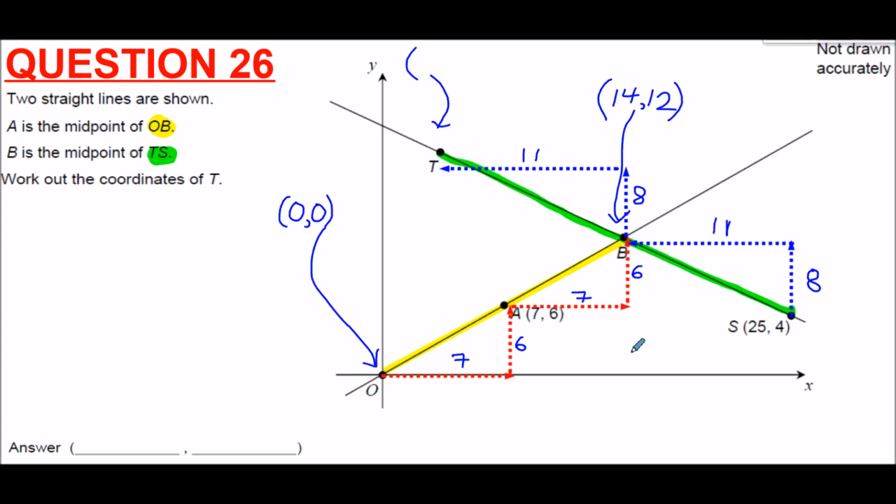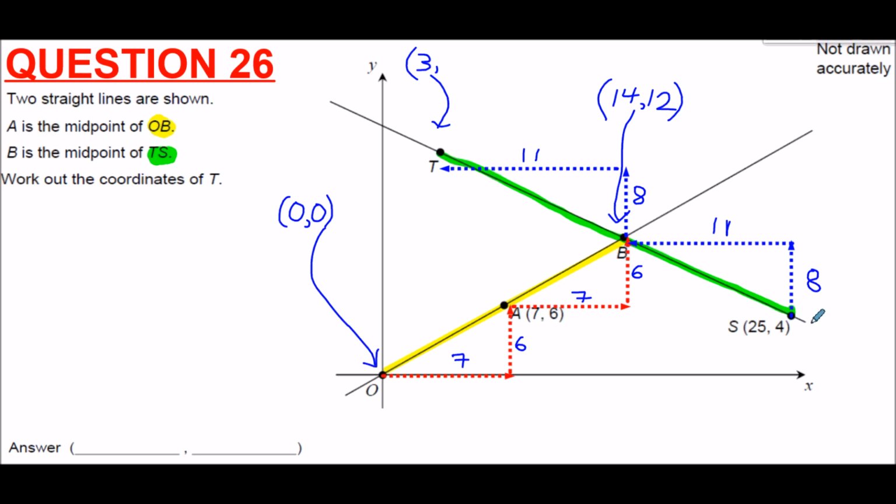25 back to B took us to 14, another 11 to the left, 14 subtract 11 would mean that this coordinate is 3. And the y coordinate, going from S backwards to T, we're going up the line, we're going up and back.